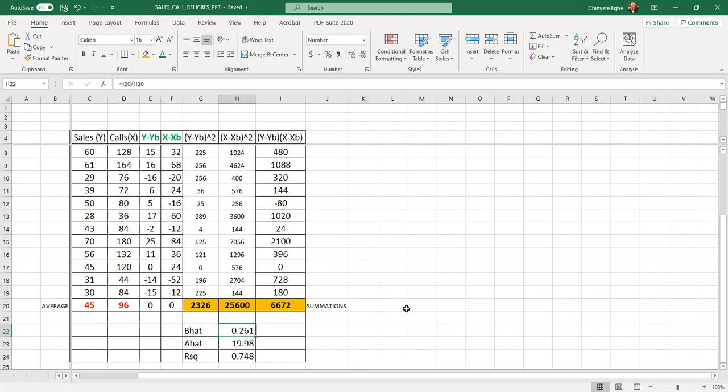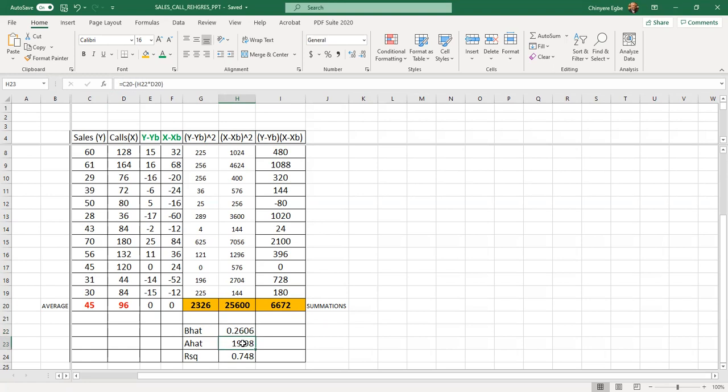You can see we get the same thing, 0.2606. So this is B hat. What I did was to take the summation, this 6672 here, and then divide it by the summation of X minus X bar squared, which is 25,600. And right there, it gives you the same thing.